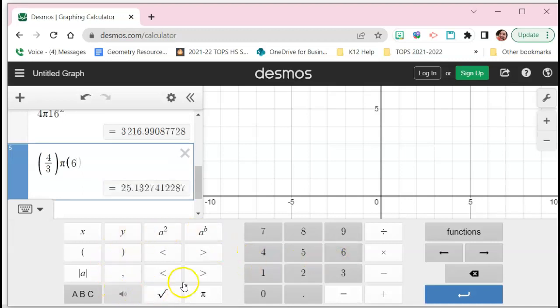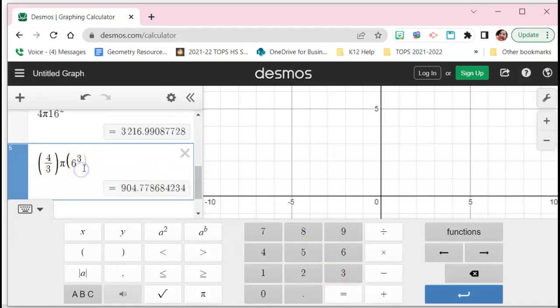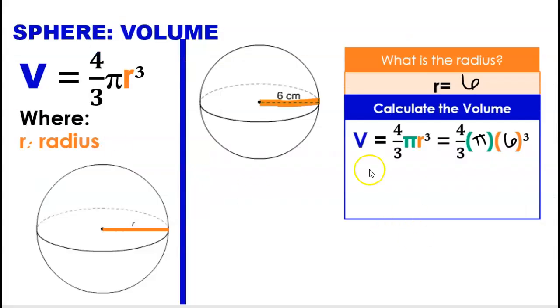There is no special button for 3rd power. You have to use this one. That way we can put in our exponent, whatever exponent we want, which is a 3. And there it is, 904.778. Now this 8 here is going to round the 7 up. So it's going to be 904.78.